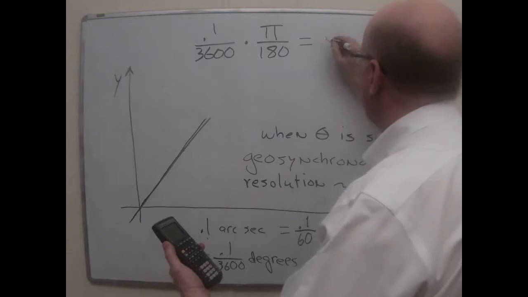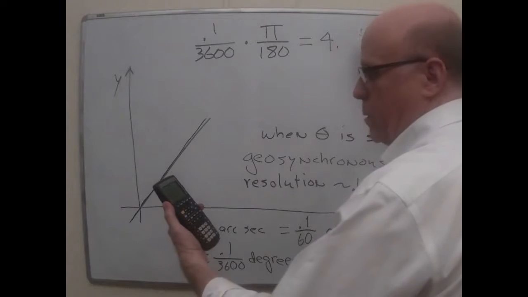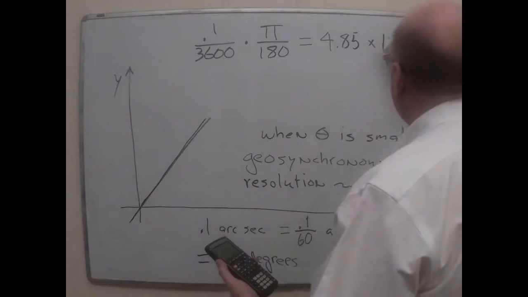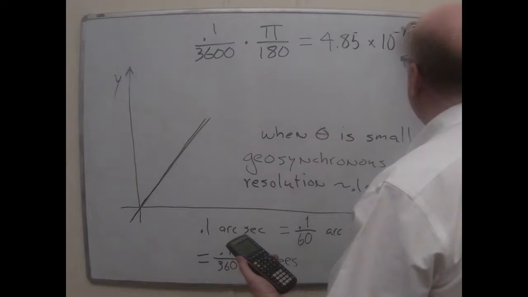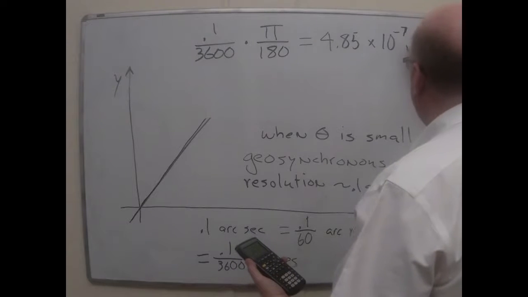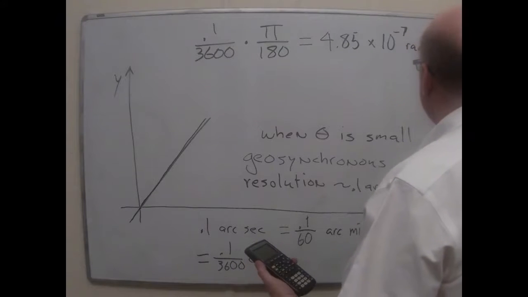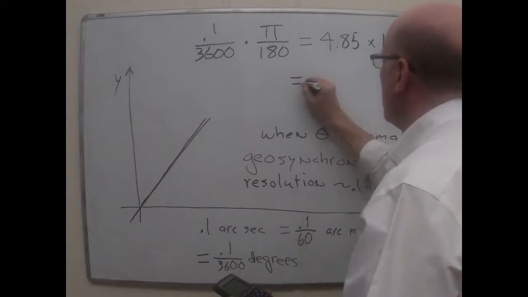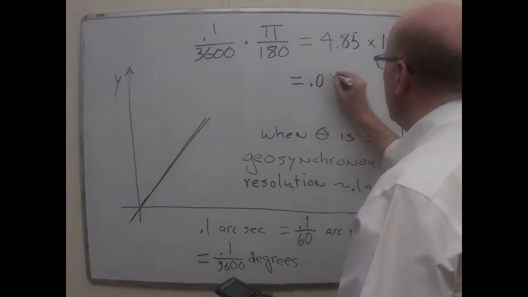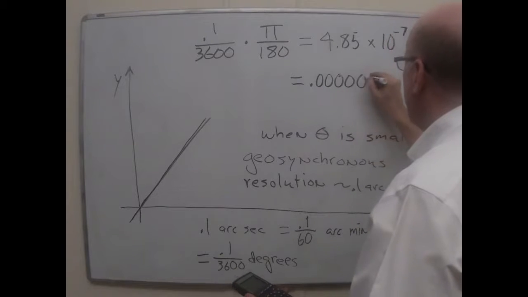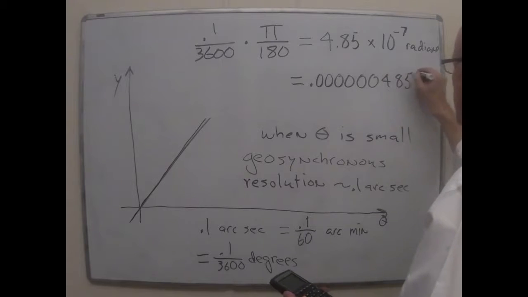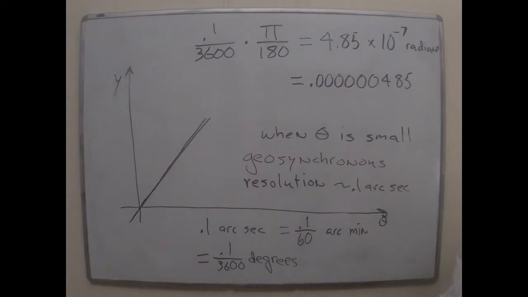If you want to know something about the decimals, 4.85 times 10 to the minus 7 radians. Or if you write it out as a decimal, put 1, 2, 3, 4, 5, 6 zeros, then the 485.